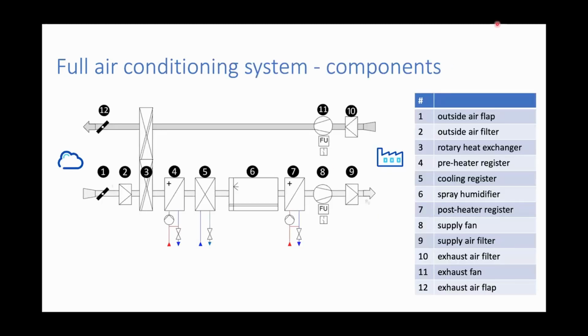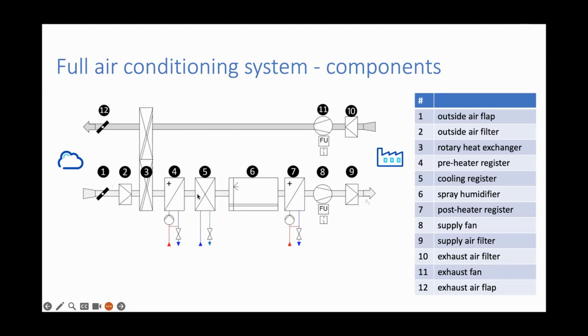Here we can see the basic components of the full air conditioning system. We have different components like the rotary heat exchanger, which is the heart of the plant, because we have a recovery of temperature and humidity, which is really important for the efficiency of the plant.